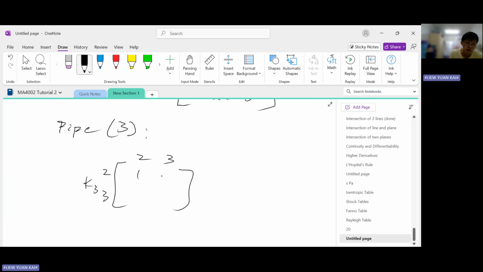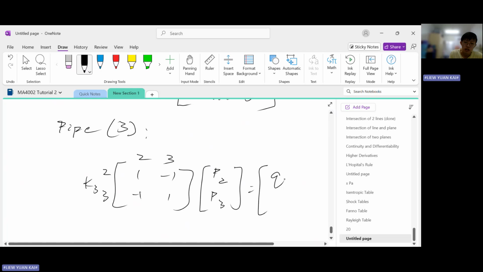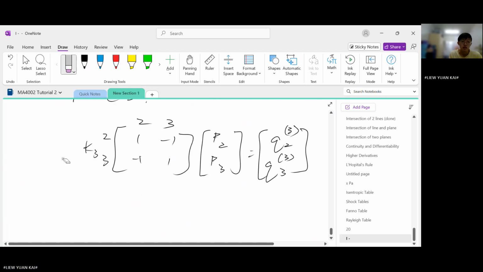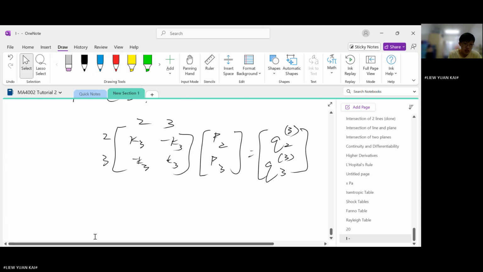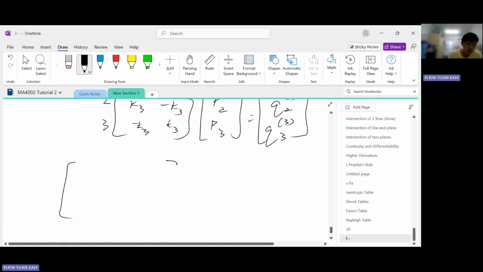So this is 1, minus 1, minus 1, 1, and this will be P2, P3, and that will be Q. This is element 3, that's why it's 3, and this is node 2, so that's why it's 2 here. This is also element 3, but now this is node 3. What I can do is multiply this K3 into this here, then substitute all the numerical values.